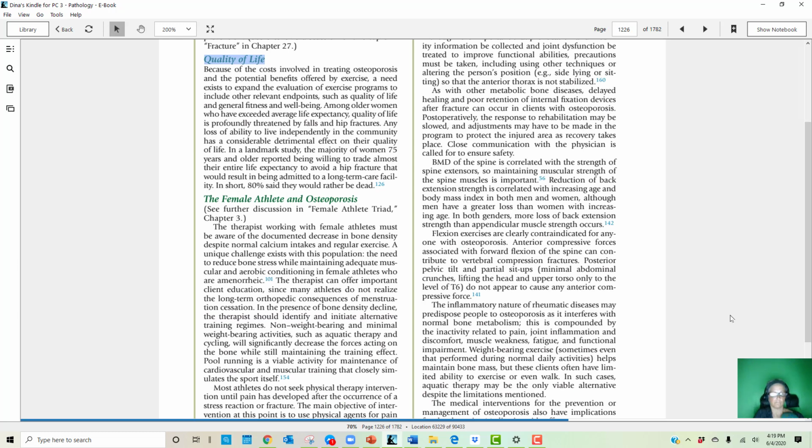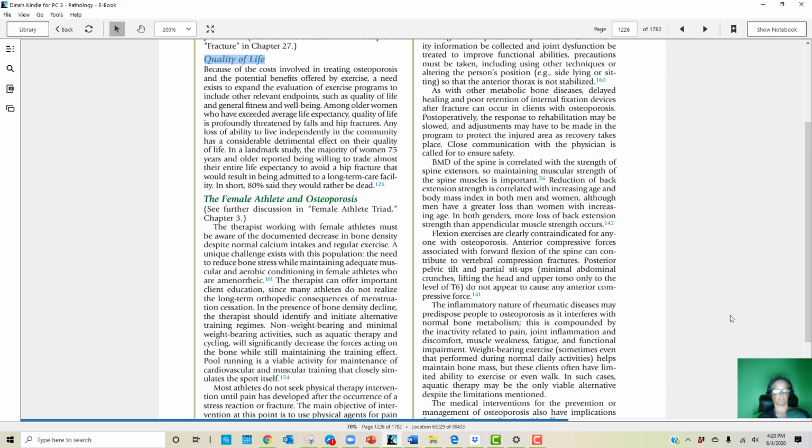Quality of life. Because of the costs involved in treating osteoporosis and the potential benefits offered by exercise, a need exists to expand the evaluation of exercise programs to include other relevant endpoints, such as quality of life and general fitness and well-being. Among older women who have exceeded average life expectancy, quality of life is profoundly threatened by falls and hip fractures.